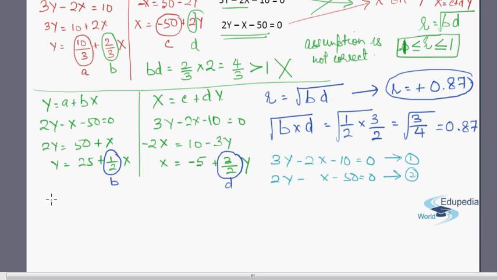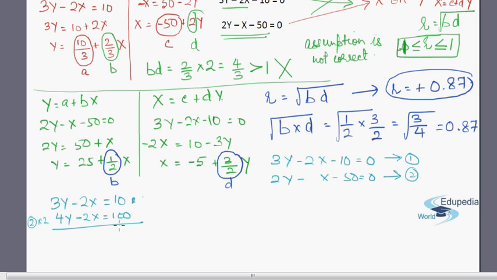Let me do it here. 3y minus 2x minus 10 equals 0. Let me write it as equal to 10, and here when I take the second equation and multiply it by 2, we will have 4y minus 2x equals 50 into 2 is 100.